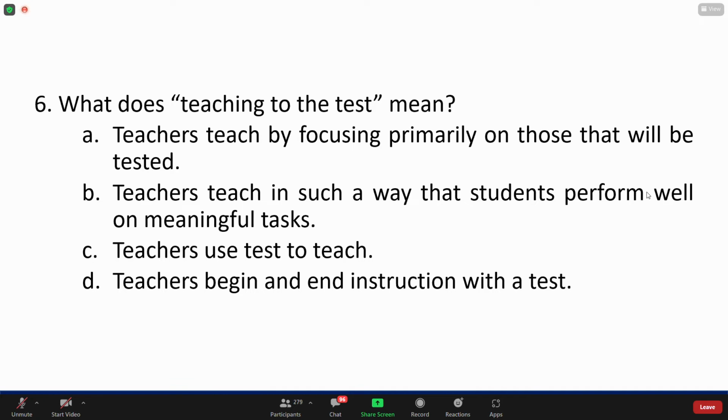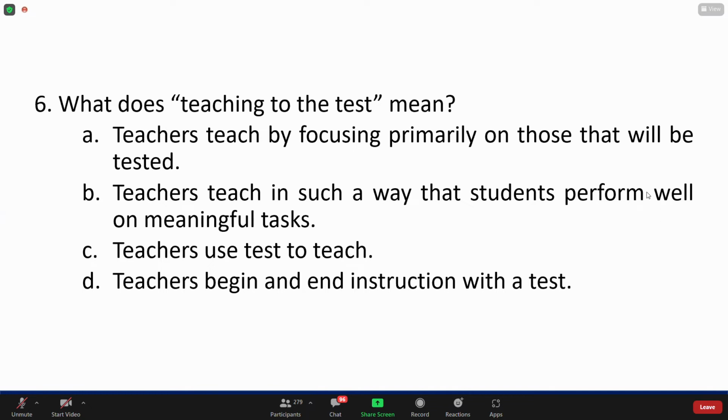A. Teachers teach by focusing primarily on those that will be tested. B. Teachers teach in such a way that students perform well on meaningful tasks. C. Teachers use tests to teach. D. Teachers begin and end instruction with a test. Answer ko po is B. Teachers teach in such a way that students perform well on meaningful tasks.